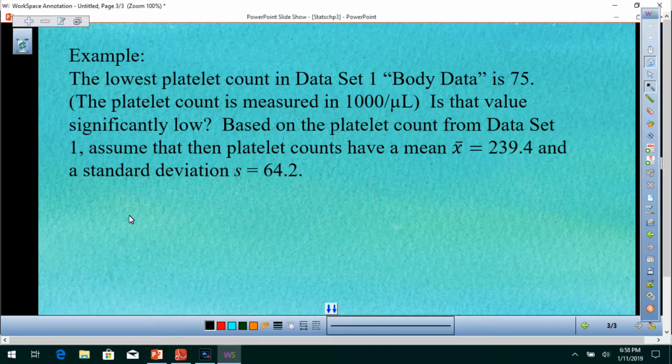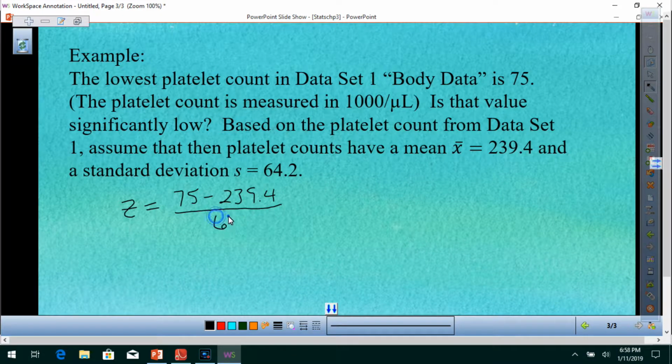So z equals 75 minus 239.4 divided by 64.2.